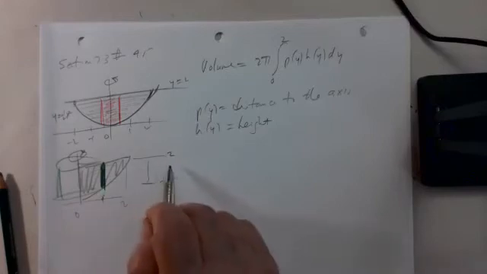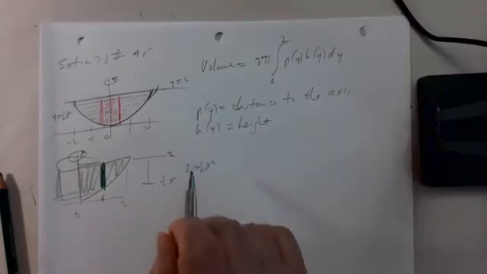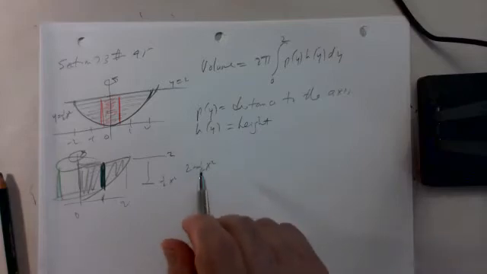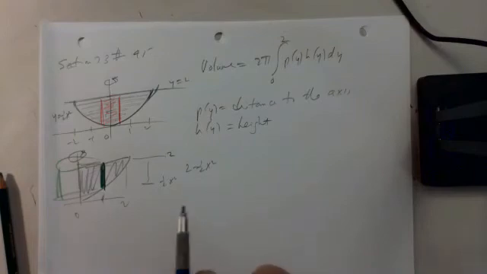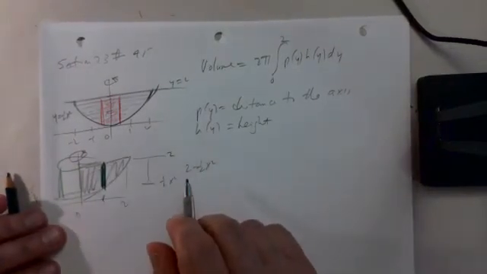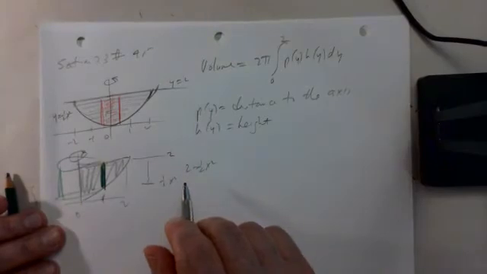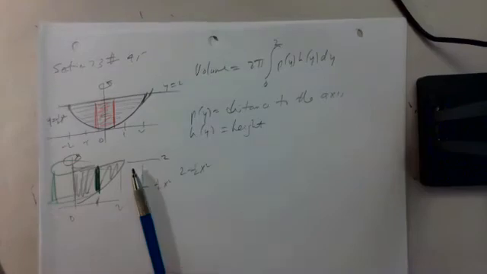So this height is 2 minus a half x squared.